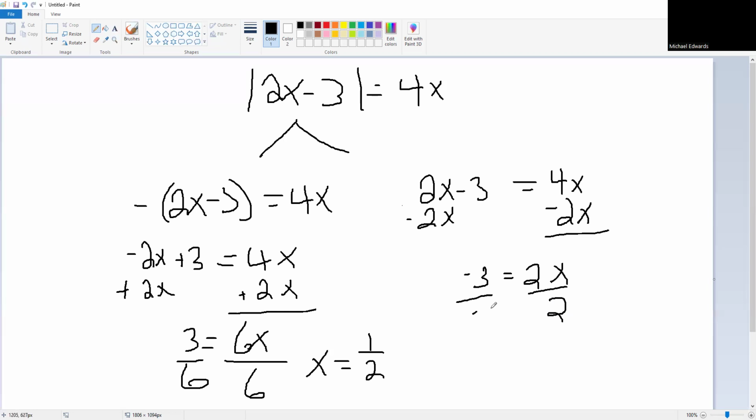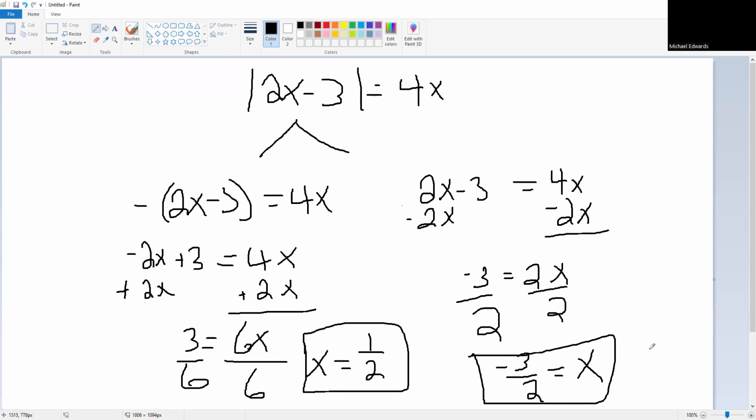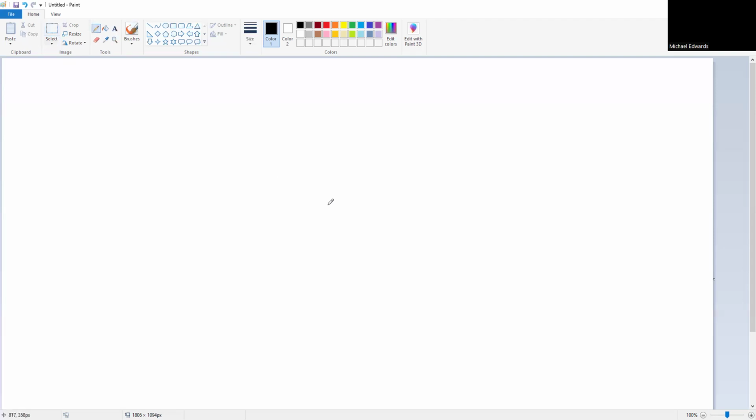Knock out the 2, and you get x equals negative 3 over 2. And that's the answer for that. Okay, so that is how you do absolute value. If you have any questions, let me know.